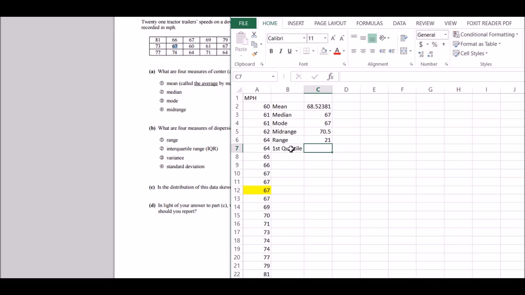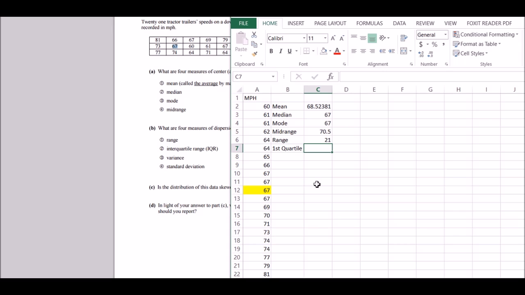So what we're going to do here is break the data up into quarters. You have the first quarter, second quarter, third quarter, fourth quarter. That's all that means. So the first quartile is just simply the marker that's telling you, hey, this is where the first quarter ends and the second quarter starts. So that's actually the median of the first half. That's all that means. So first quartile is the median of the first half.